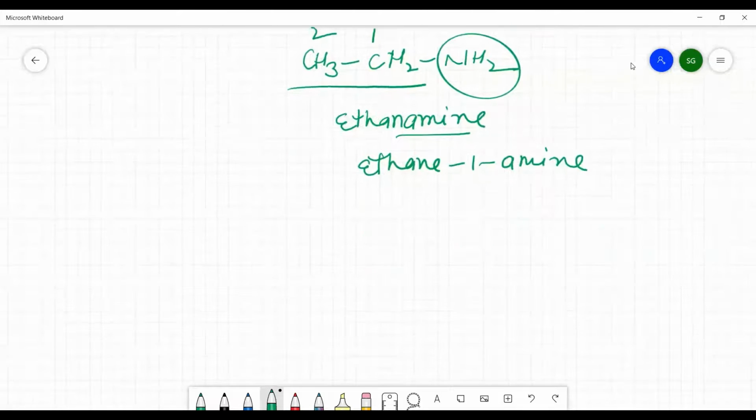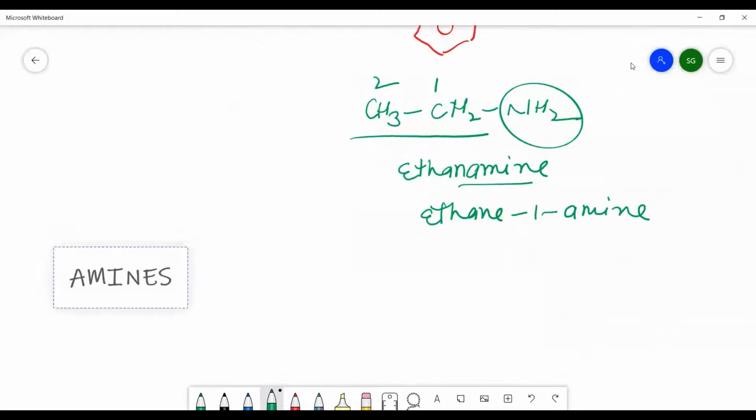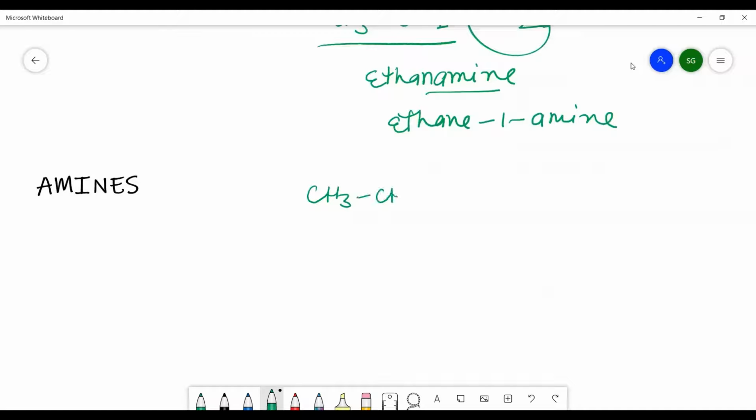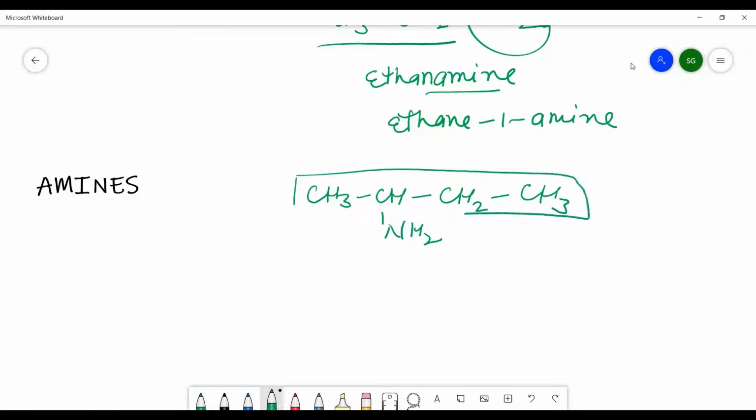In another manner, we can do the nomenclature of various compounds. Suppose you have a compound in which the NH2 occupies another position. First of all, you have to see the longest chain. Here the numbering is 1, 2, 3, 4. Otherwise, if you start the numbering from the other side, 1, 2, 3, 4.